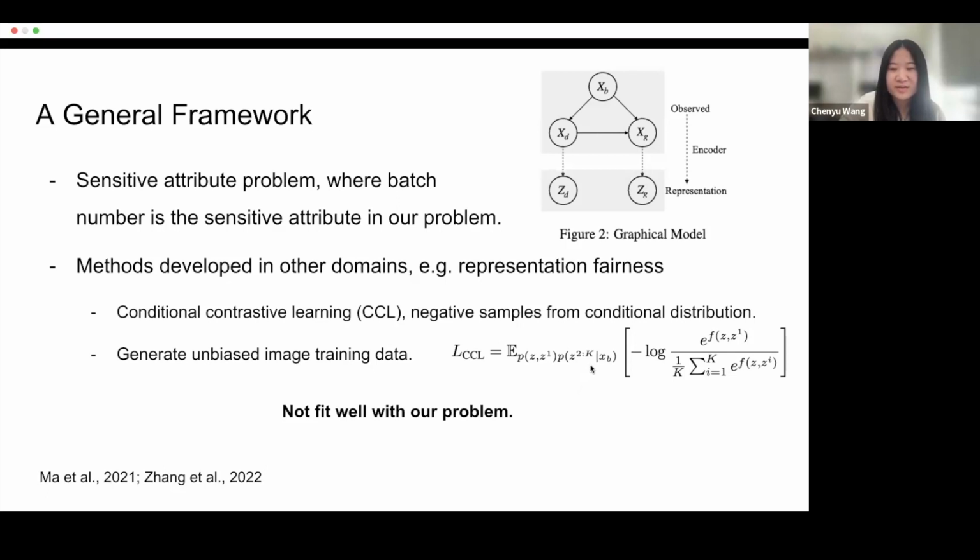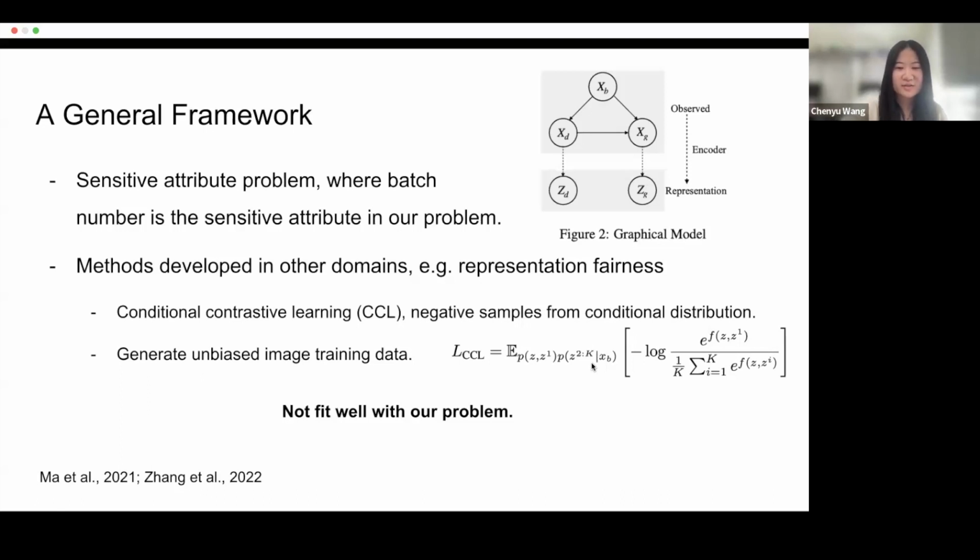So if we only do the conditional sampling, we have a very limited supply of negatives, and we can only utilize the negatives from the same batch, which is not diverse enough, and this will limit the model's generalization to new drug structures.